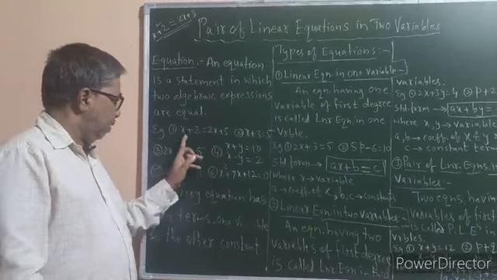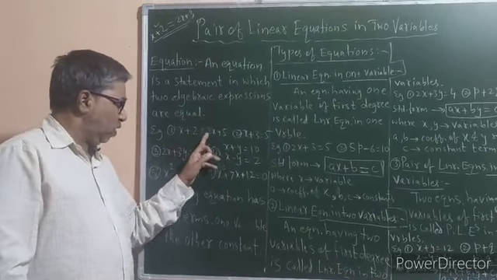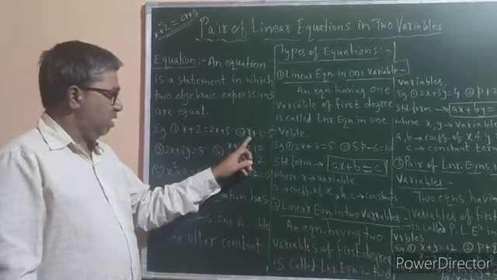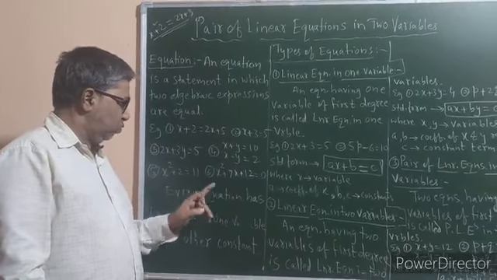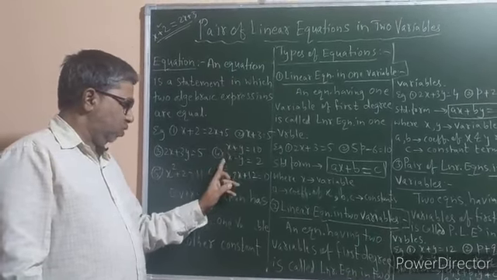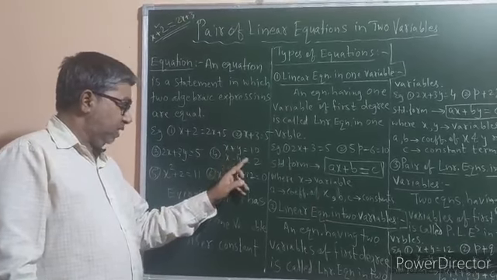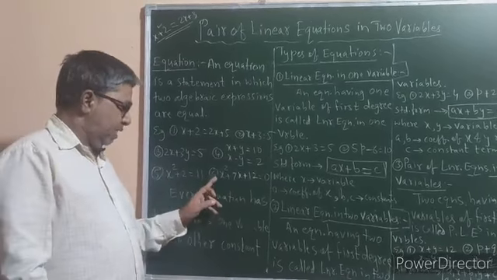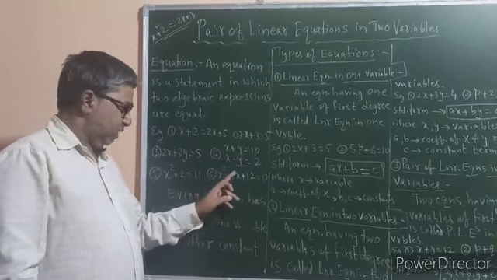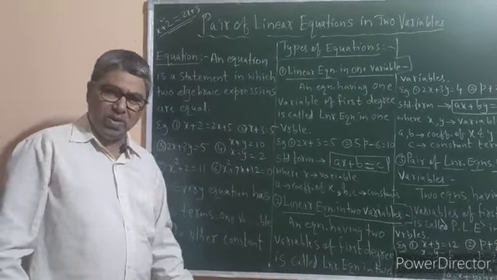Okay, for example, x plus 2 is equal to 2x plus 5, x plus 3 is equal to 5, 2x plus 3y is equal to 5, x plus y is equal to 10, x minus y is equal to 2, x square plus 2 is equal to 11, and the sixth one is x square plus 7x plus 12 is equal to 0.